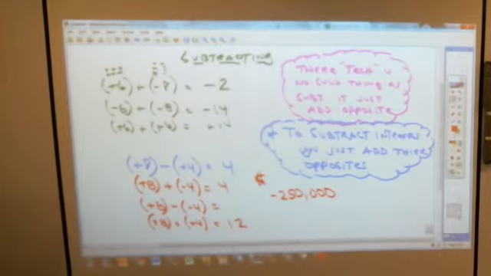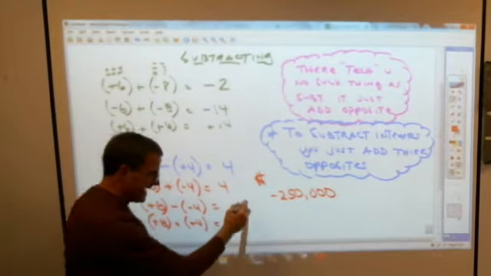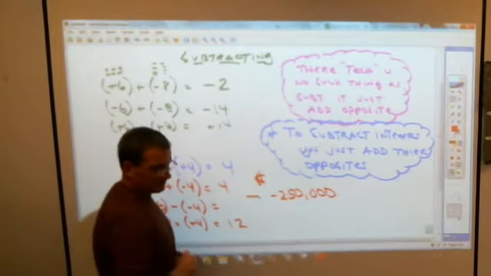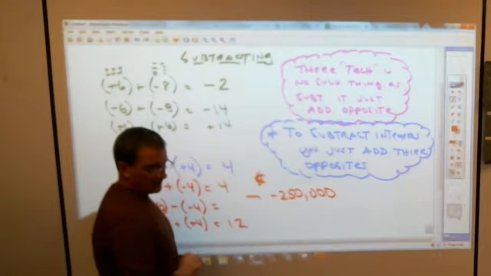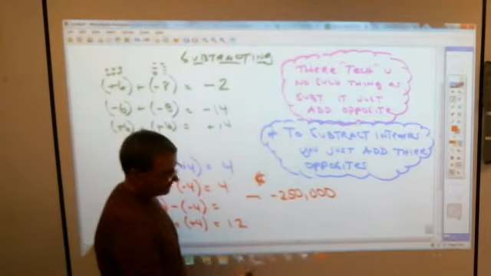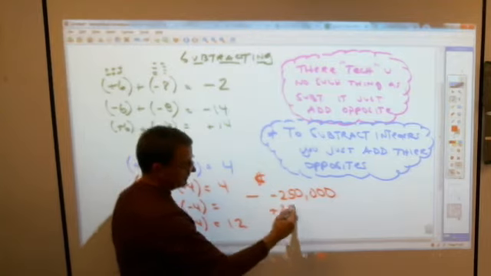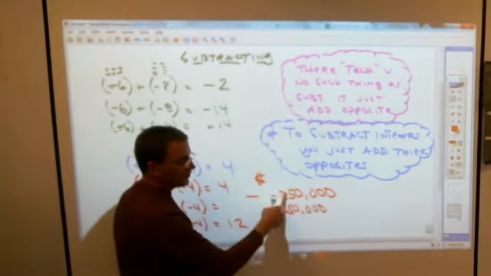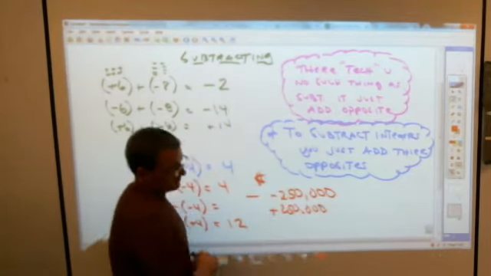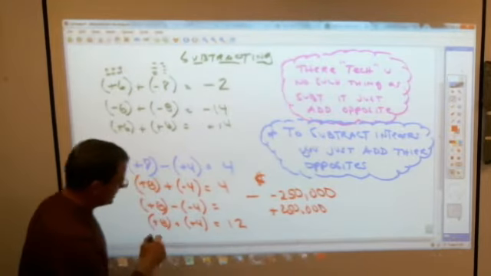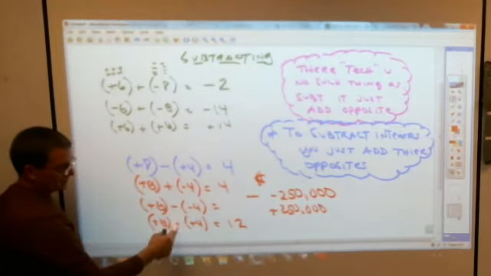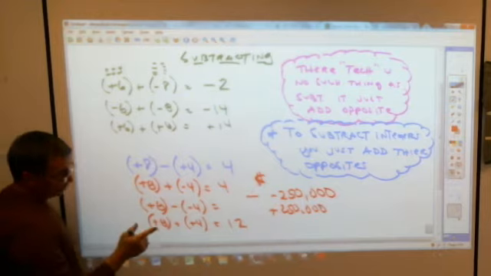If I went to your parents and took away that debt, technically I've given your parents $250,000. If you take away a debt, you've actually given somebody money. And that's why this is true: taking away a negative is the same as adding a positive.